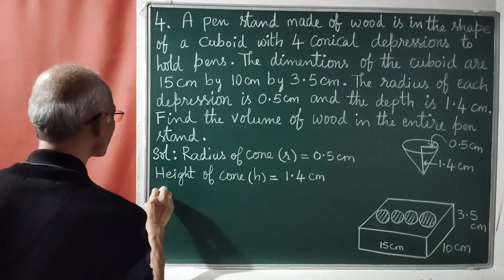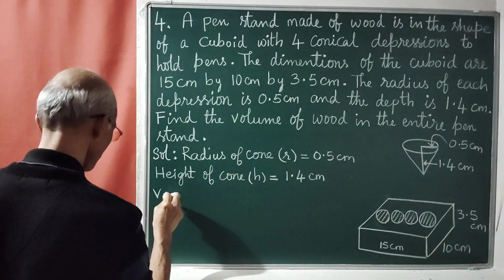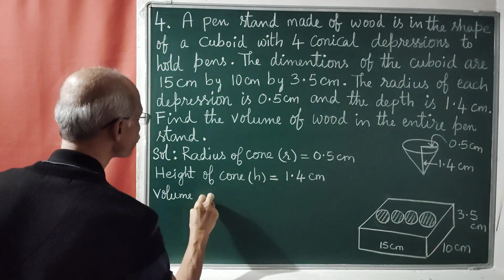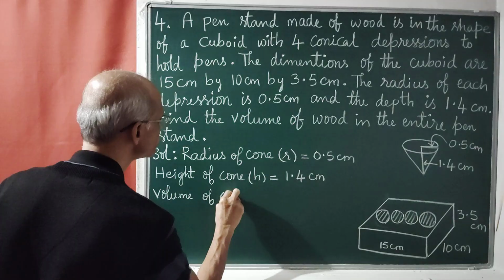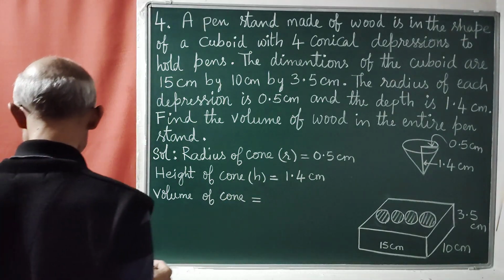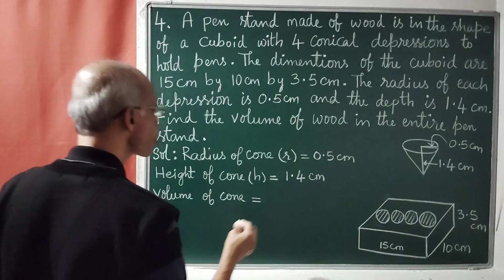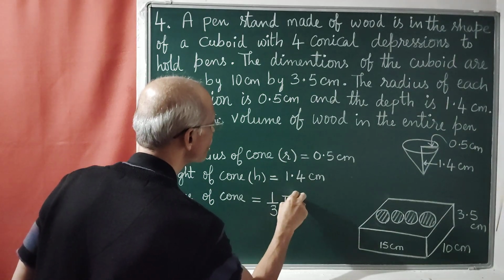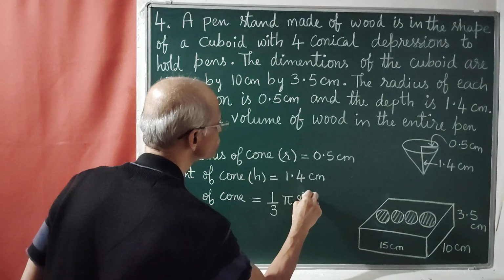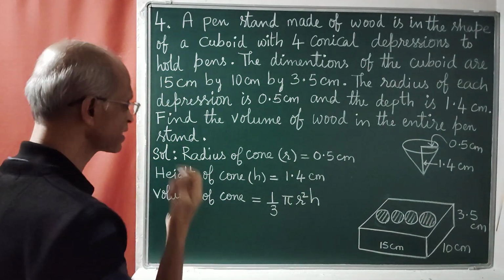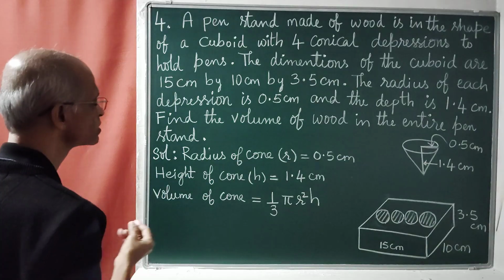So volume of cone is equal to 1 by 3 pi r square h.